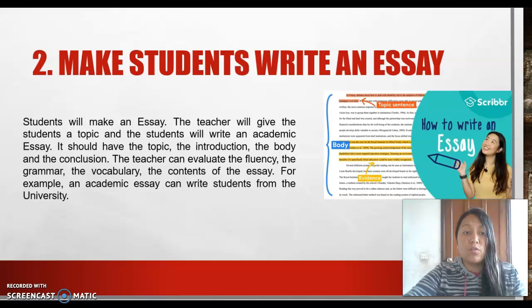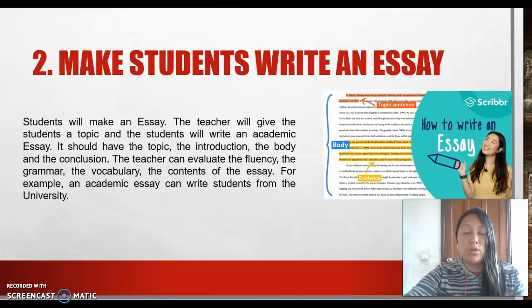For example, an academic essay can be written by students from the university. Like I told you before, we have to keep in mind what level we are assessing, because we can't ask our students who are 11 years old to write an academic essay because they don't have enough information, or they don't have enough age to do this academic essay.